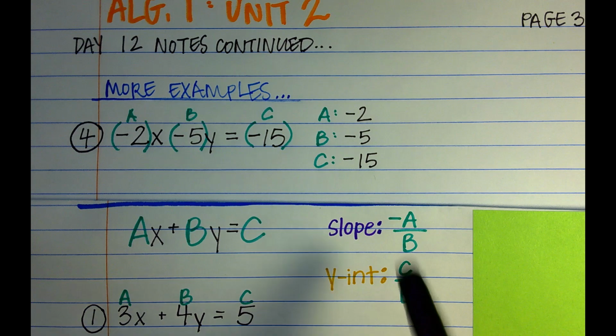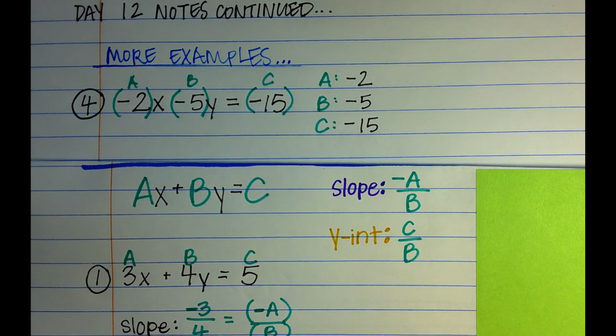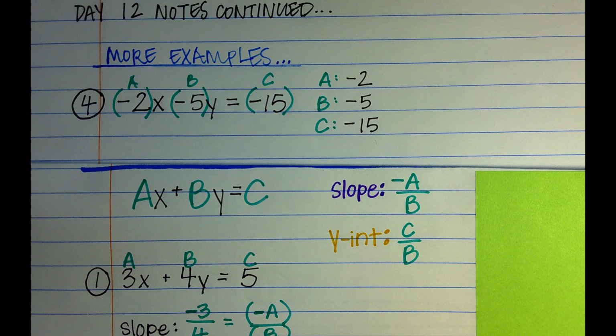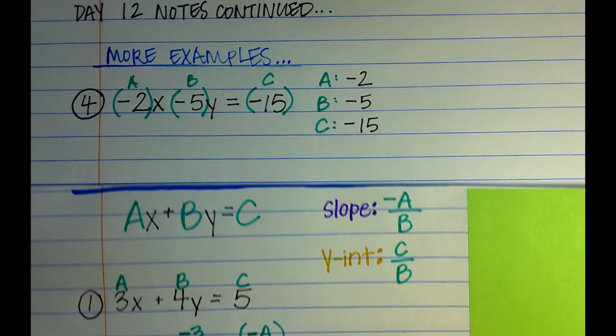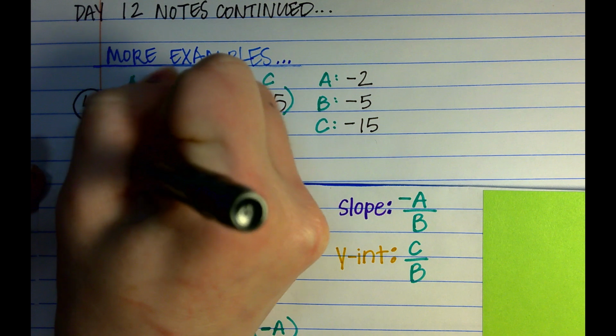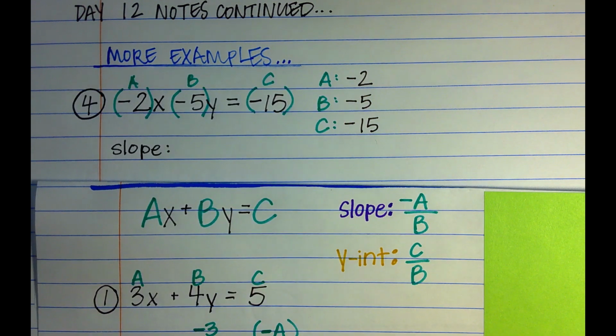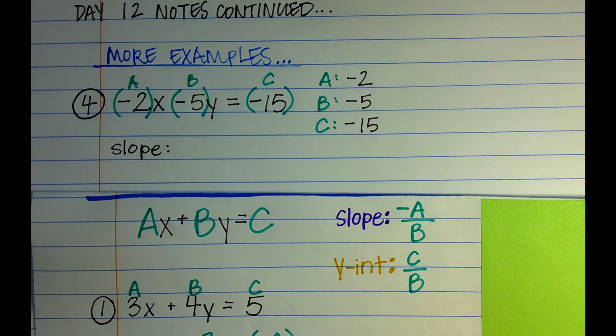Got my little guide below here. I know my slope is negative A over B. My y-intercept is positive C over positive B. So let's see. What would my slope be?